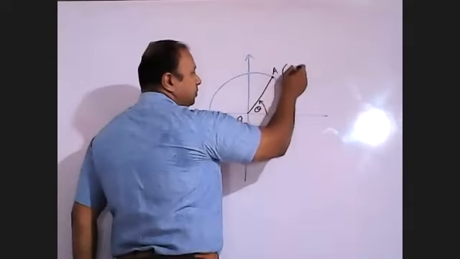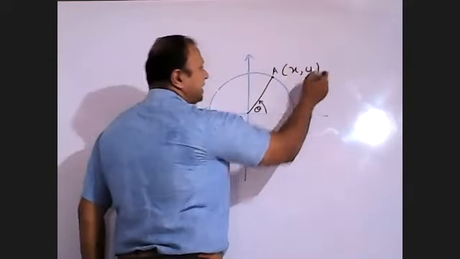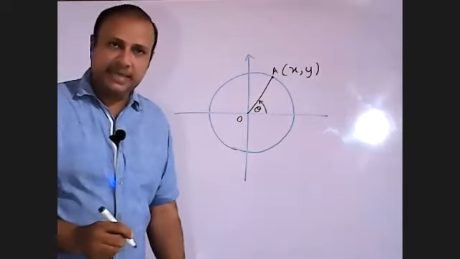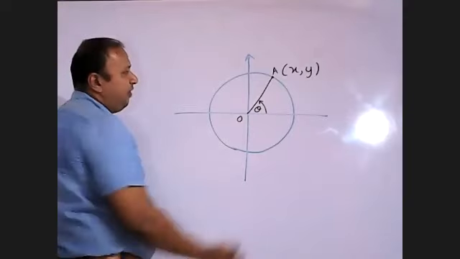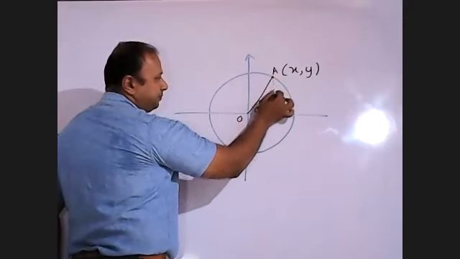Suppose the Cartesian coordinate of this point is x comma y.